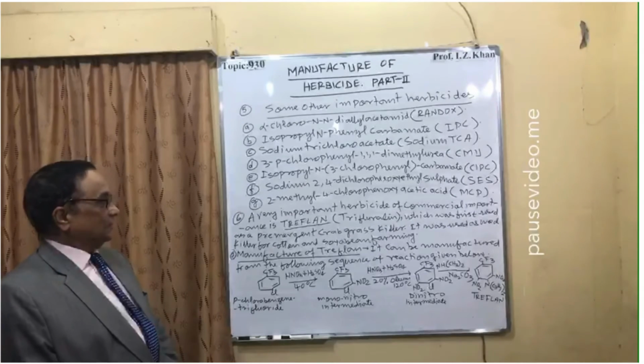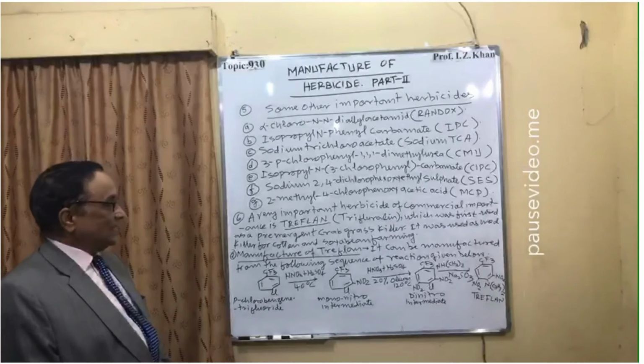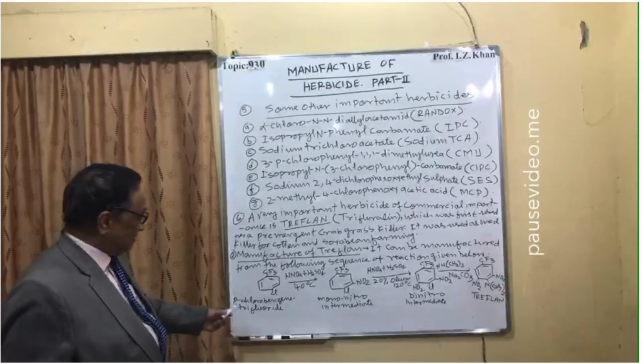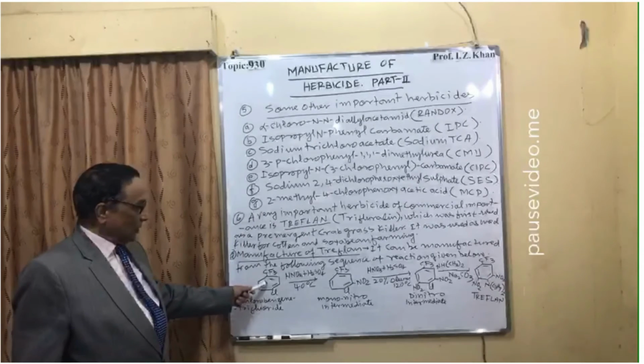Manufacture of Triflon. It can be manufactured from the following sequence of reactions given here. We will take parachlorobenzotrifluoride.